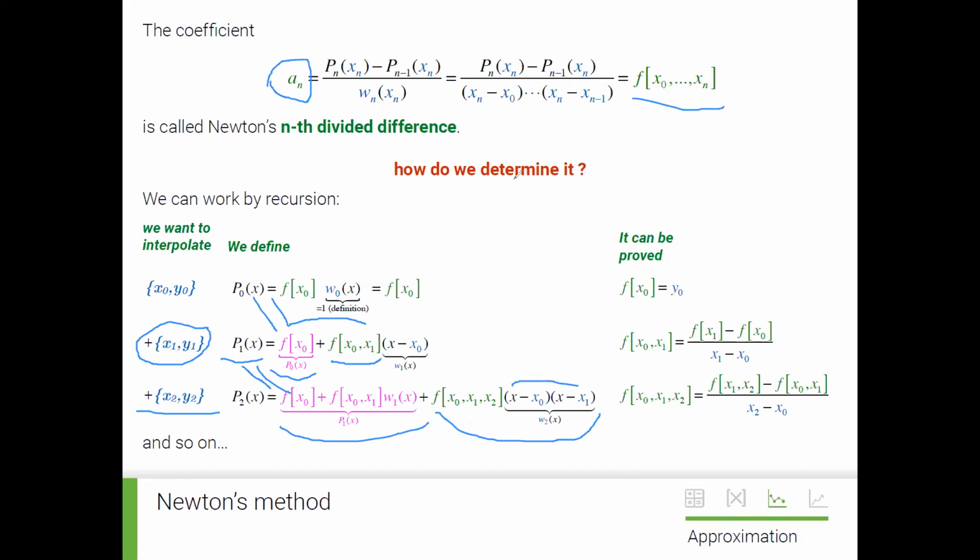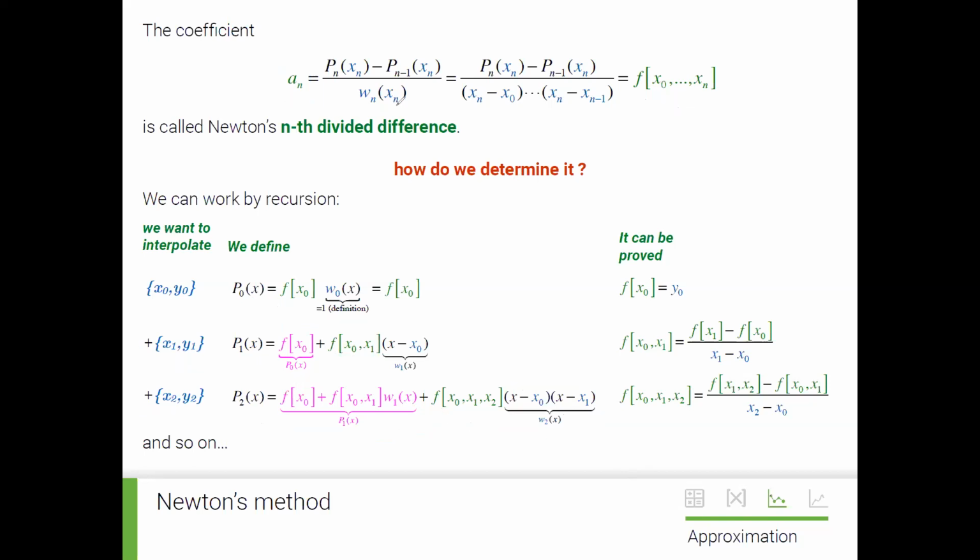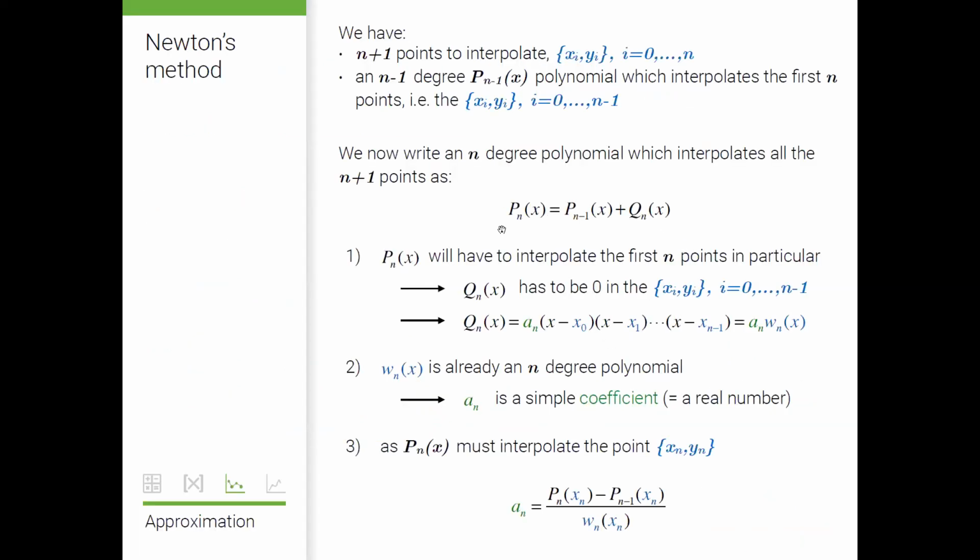So one more time, the main idea here is just finding this Pn as Pn minus 1 plus Qn. So with a polynomial of degree n minus 1 and of degree n. If Qn is 0, then Pn and Pn minus 1 are equal. If Qn takes this form, we can define it using this Wn.